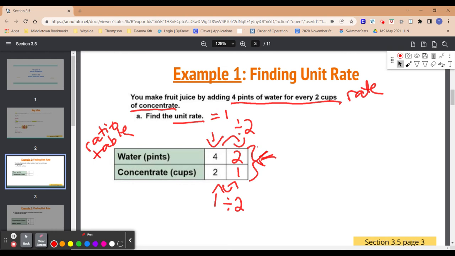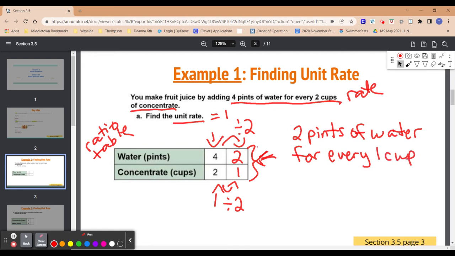Instead of saying 4 pints of water for every 2 cups of concentrate, you're going to say 2 pints of water for every 1 cup of concentrate.